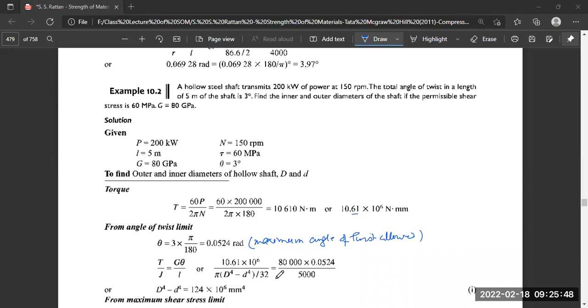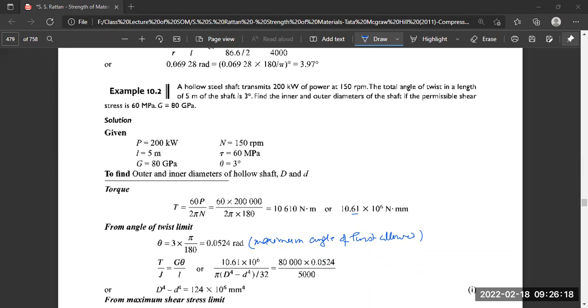But as per our earlier defined formula, we know this is pi into (D to the power 4 minus d to the power 4) divided by 32, which is equal to G, we know 80 GPa, multiplied by 1000 to make it MPa, 80 into 10 to the power 3, that is 80,000, and theta is converted to radian, here 0.524, and L is given as 5 meter, so this is 5 into 1000.